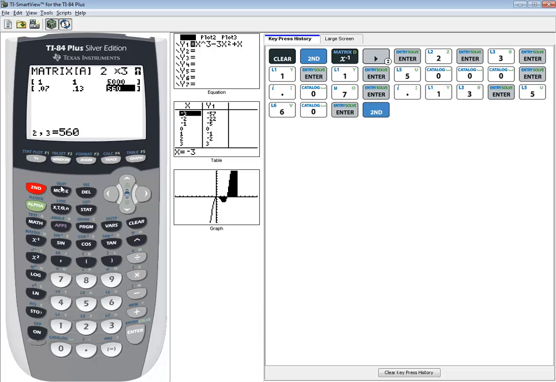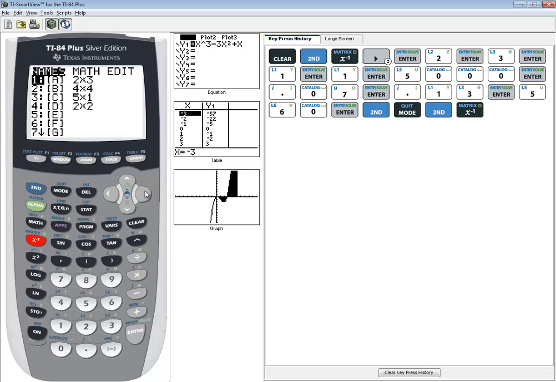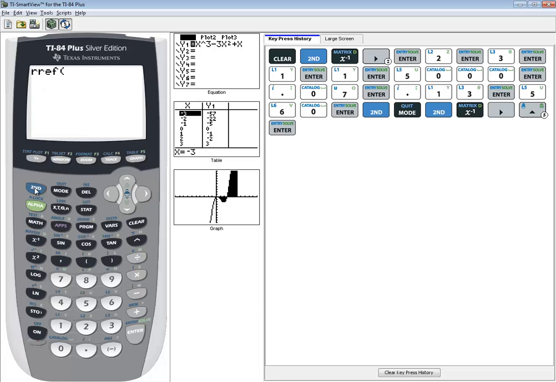Now I'll exit out, so I'll do second mode. And then we'll do second x negative 1, that's our inverse button. Right arrow to math, up arrow to RREF. Press enter. Go back in the matrix menu, press enter on A, enter again.